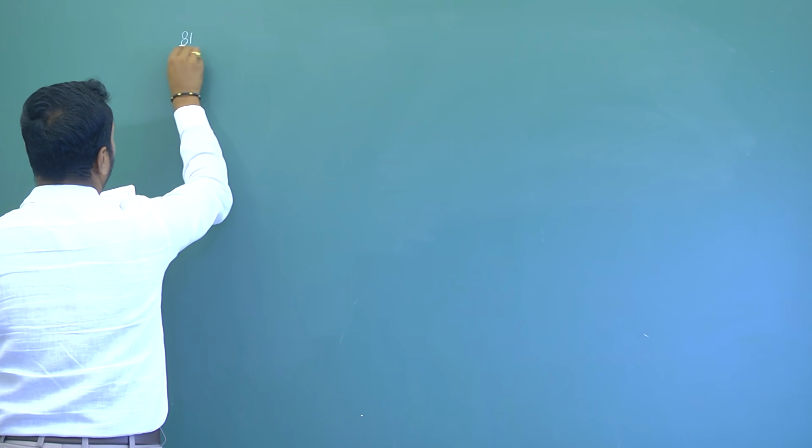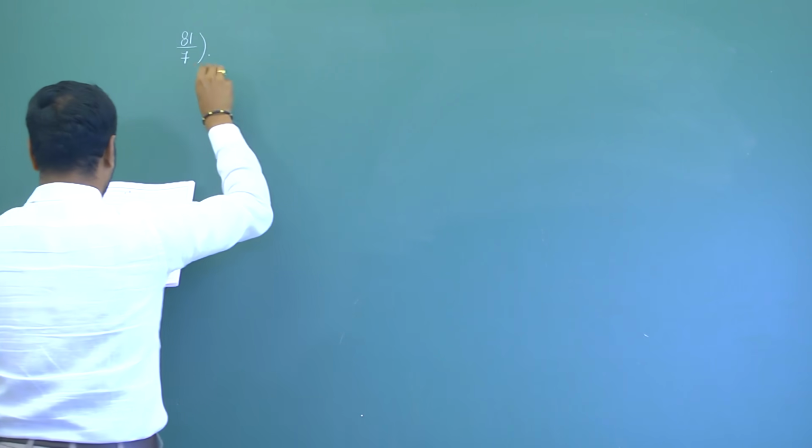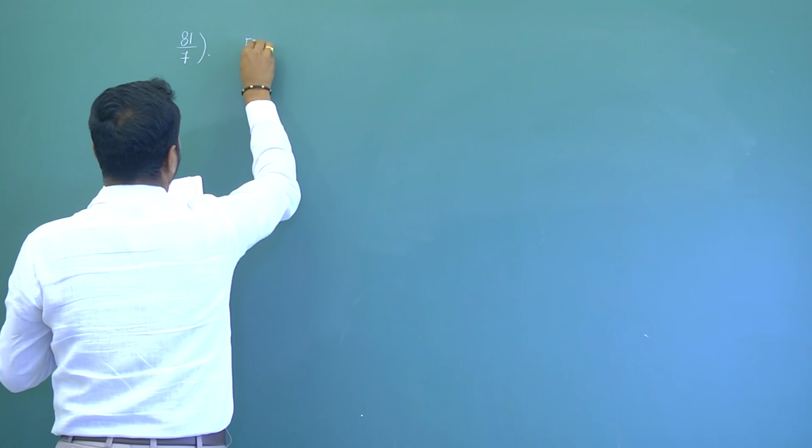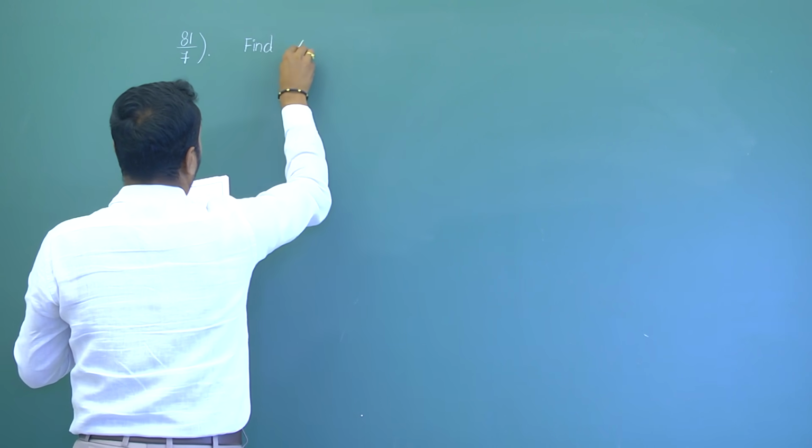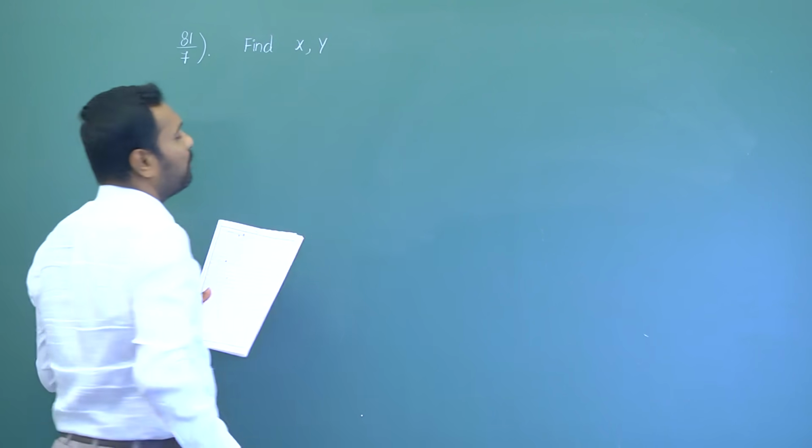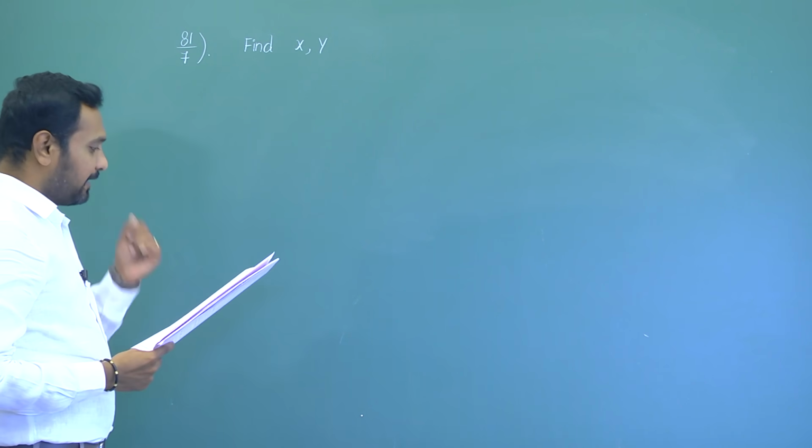page number 81, 7th question. Find capital X, comma, capital Y. Don't confuse here, it is a matrix.